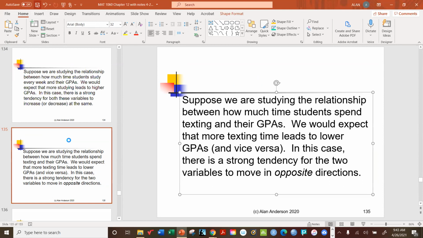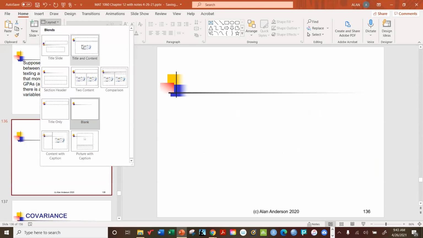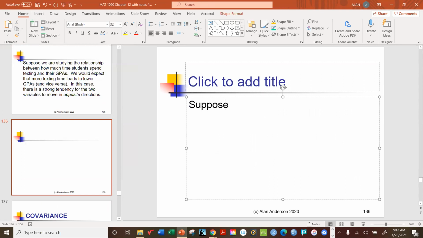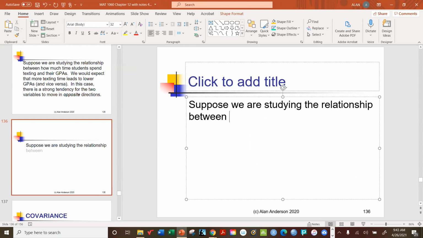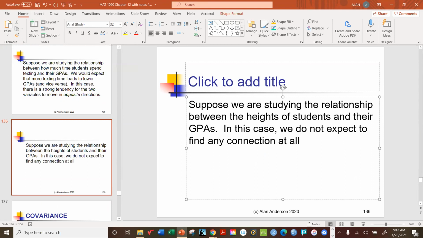Now, here's another one, which could have come up. Suppose we are looking at the relationship between the heights of students and their GPAs. In this case, we do not expect to find any connection at all. In other words, the two variables are unrelated to each other.